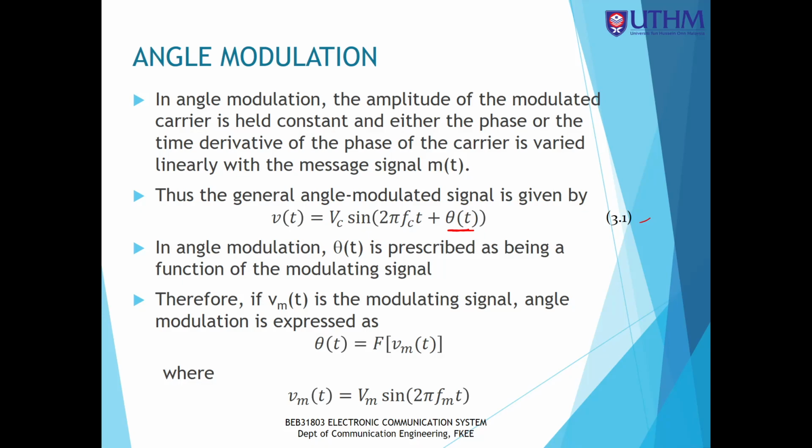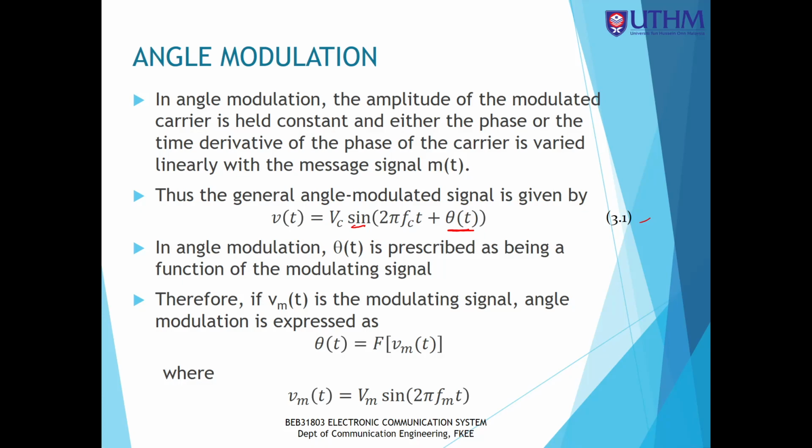In some other literature books they use the cosine function. No problem, don't worry about that, because this is from Wayne Tomasi's book, and he uses a sine function for the general angle modulated signal equation.